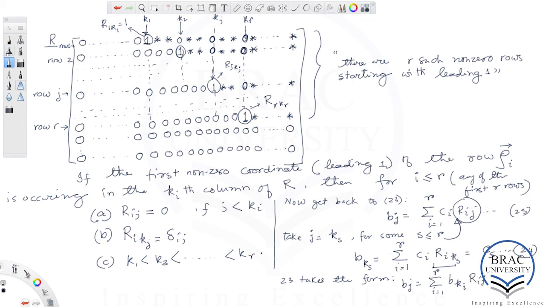This is the explicit description that we talked about in the beginning. Here j is 1, 2, all the way up to n. This is equation number 25.